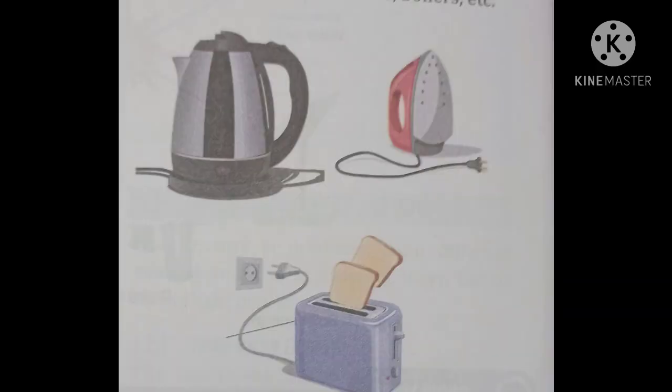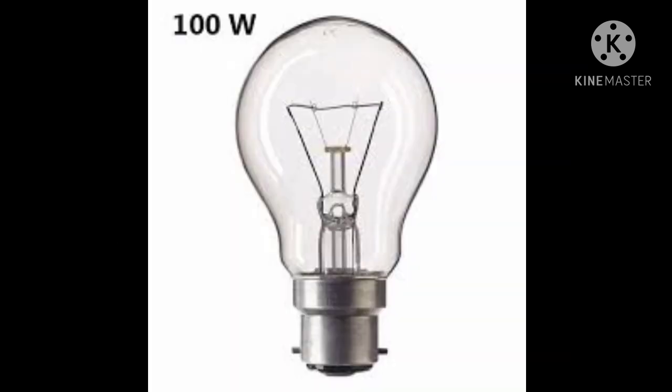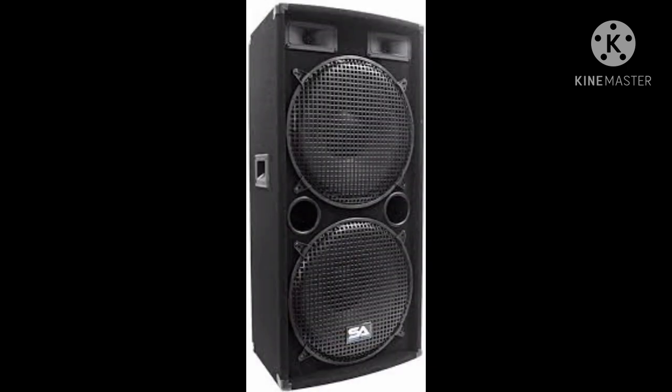Children, in science there is a law called law of conservation of energy. It tells us we cannot produce or we cannot destroy any energy, but we can convert one form of energy into another form.